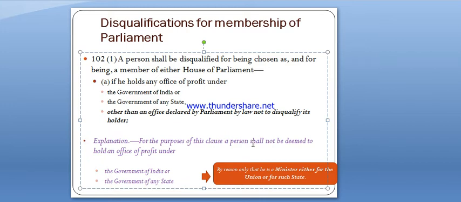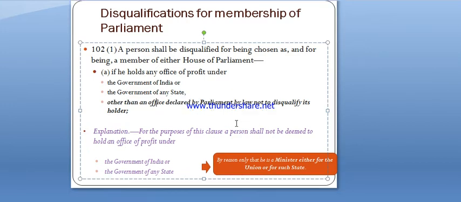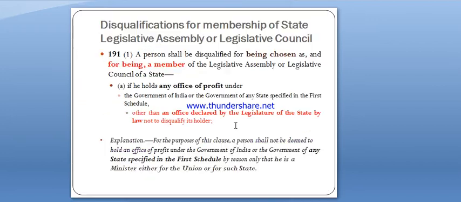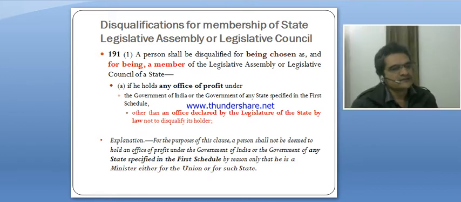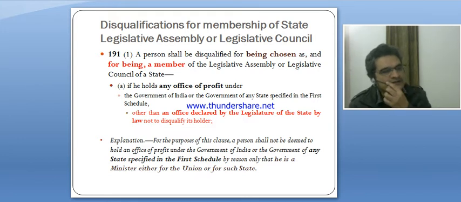But in the case of the state, it is the legislature of the state which can make law to declare that a certain office is not an office of profit.